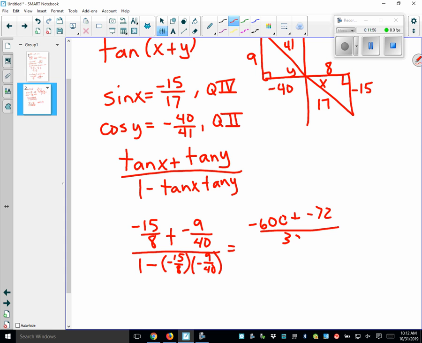I assume you're doing this on your calculator. Since I don't have one, I'll just do it by hand.